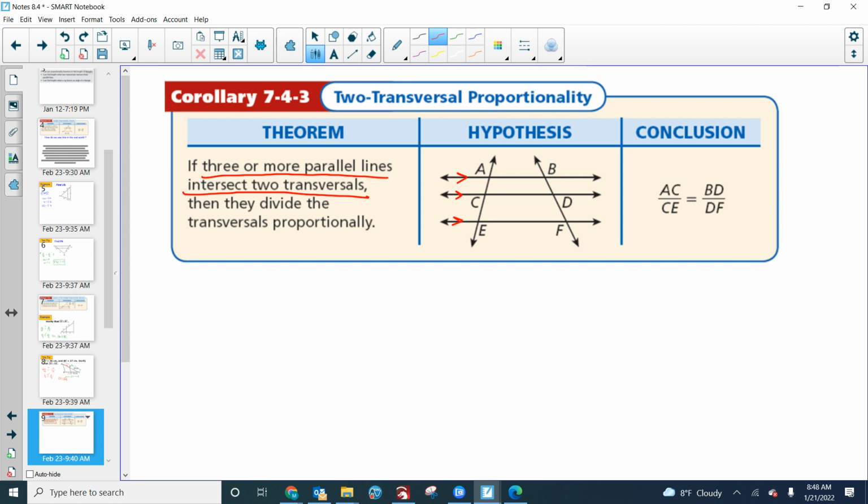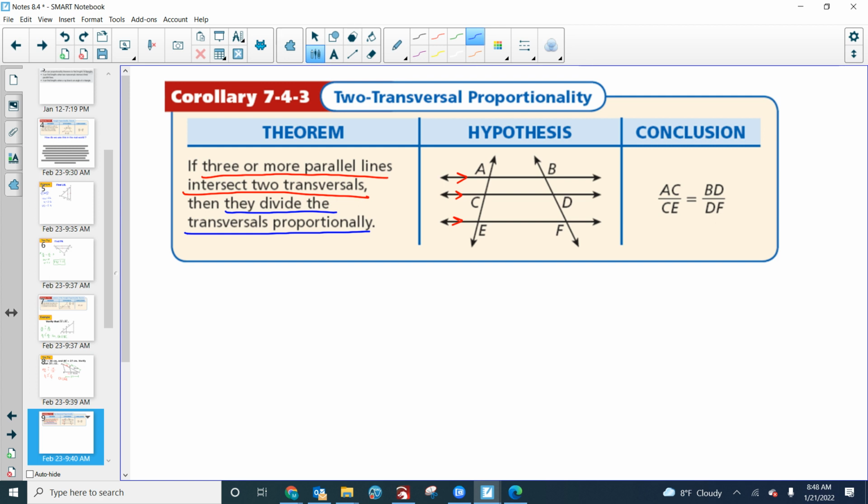And they're intersecting, remember these are called transversals. Conclusion: they divide the transversals proportionally. Don't get lost in all of those words. It's not that difficult, okay?